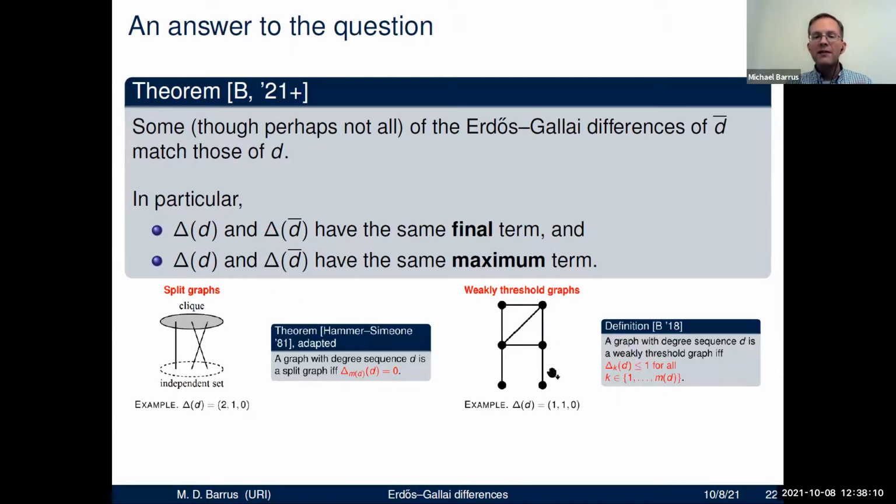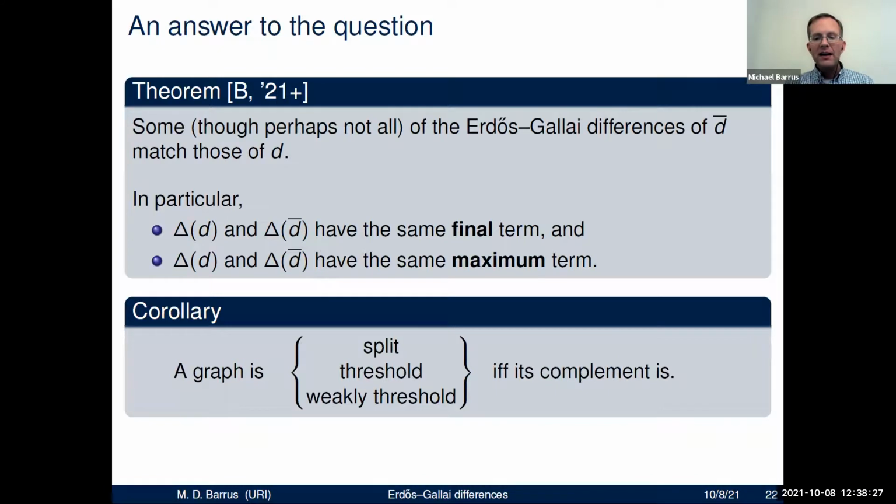So weakly threshold graphs and threshold graphs, these depend on having none of your Erdős-Gallai differences larger than a certain amount. So your maximum term had to be less than or equal to a certain amount. And that is also a property that is shared by the complement of a degree sequence. And so we have, as a corollary, these facts that we knew before, but now we have a new reason why.